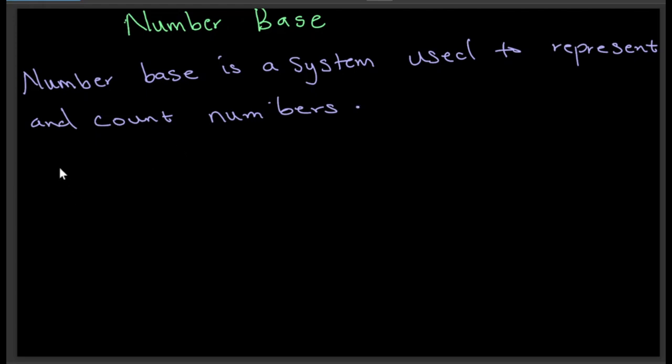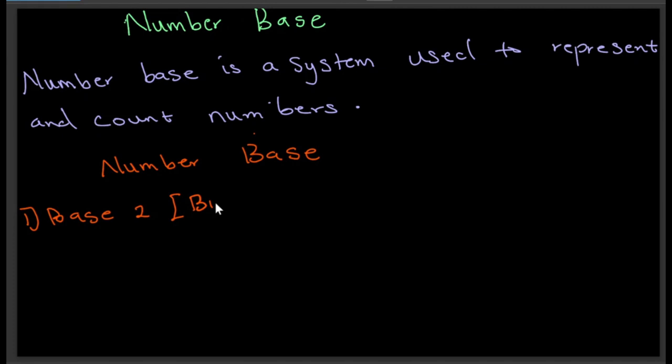Then when it comes to number base, we have different types of number base. So we have the base 2, and the base 2 is called binary. Then we have the base 10. The base 10 is what we use in our everyday life, which we call decimal.